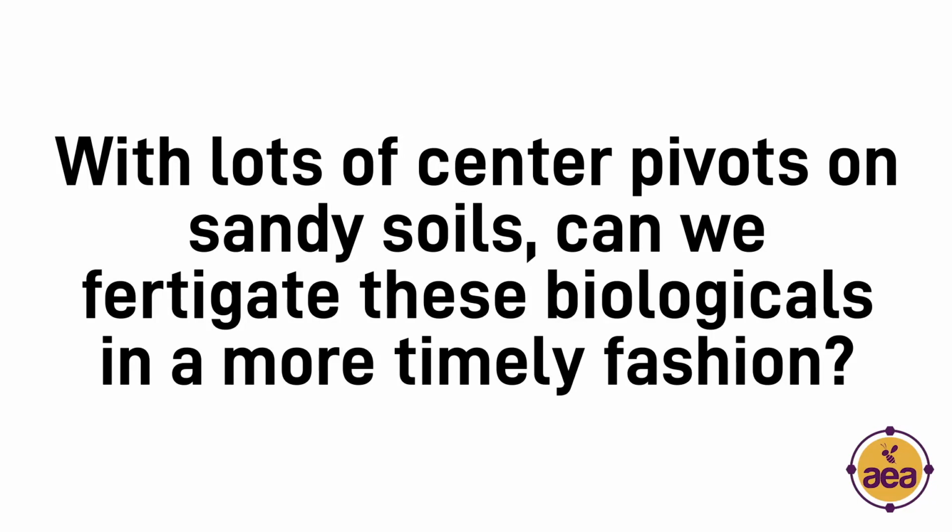So our intent is to get a strong flush of CO2 into the crop released during the current crop year while we are filling grain. So you can produce a tremendous volume of sugars and produce a very high-yielding crop by putting on these biologicals in the current crop year with an overhead irrigation system. So if any of you have the capacity to do that, that's a very, very powerful management tool that will produce a significant crop response.